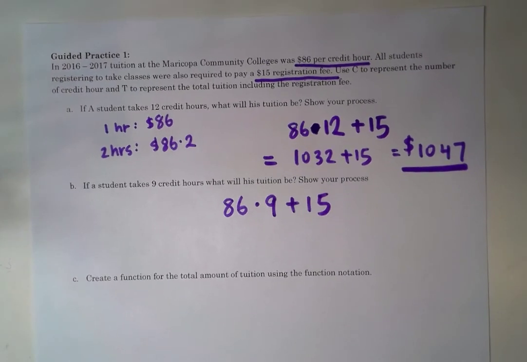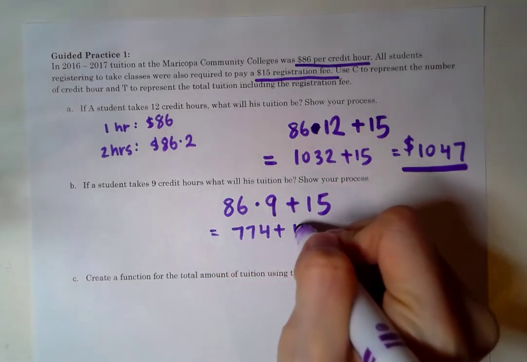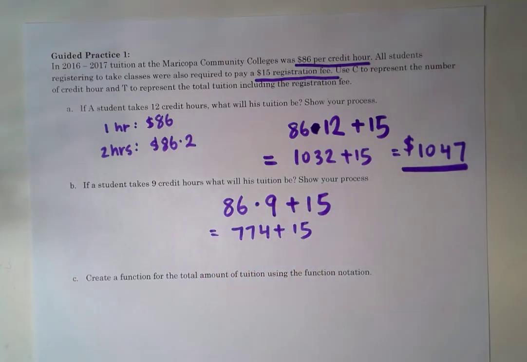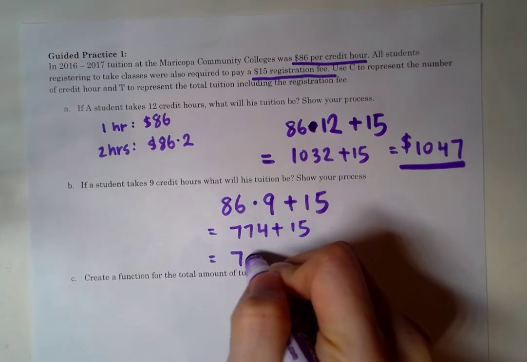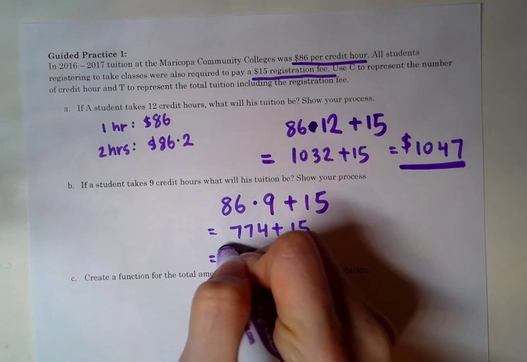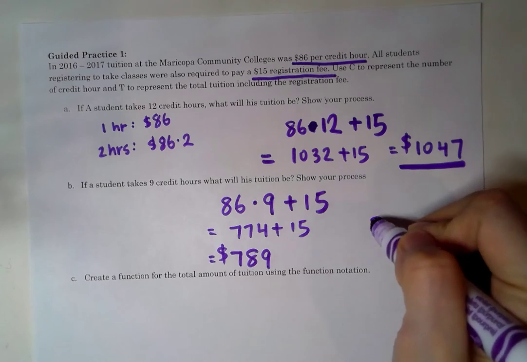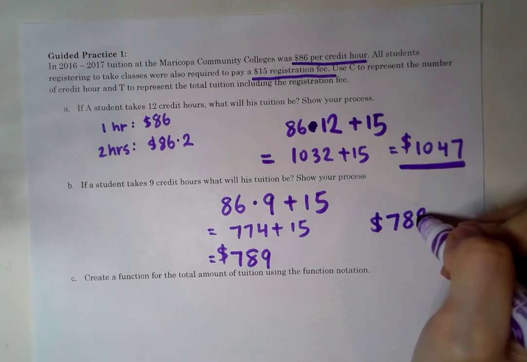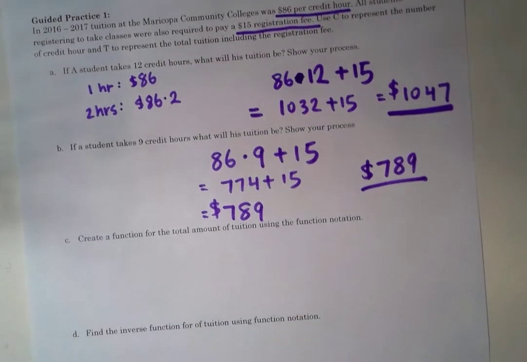Let's see, 86 times 9 is 774, plus 15, that is $789. So this is the money the B student needs to pay. And then look at C.